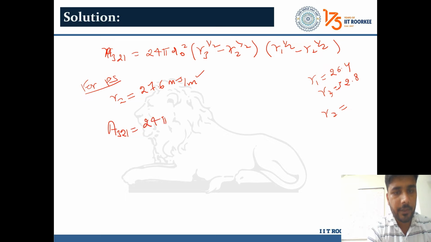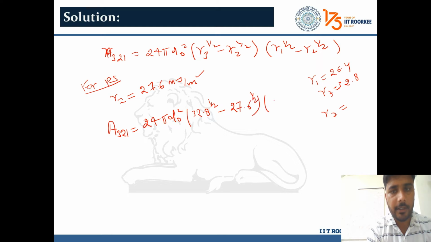This is constant, and gamma 3 value is 32.8 to the power half minus 27.6 to the power half, and similarly gamma 1 is 26.4 to the power half minus 27.6 to the power half. With some mathematical calculations, you will get one term positive and the other term negative.